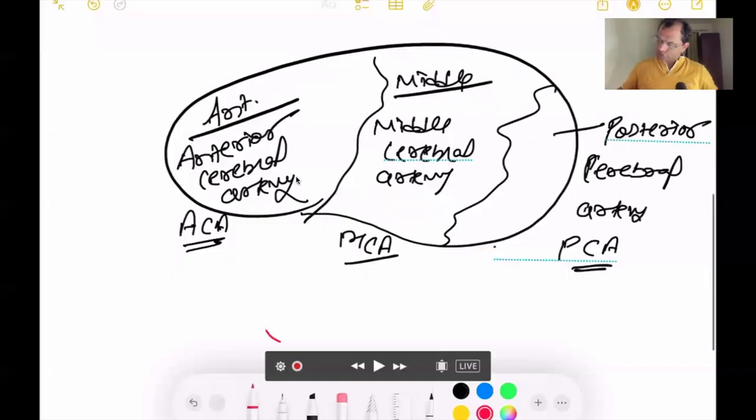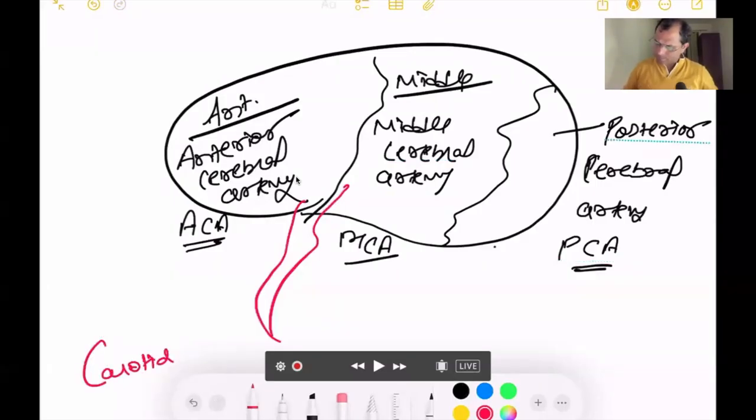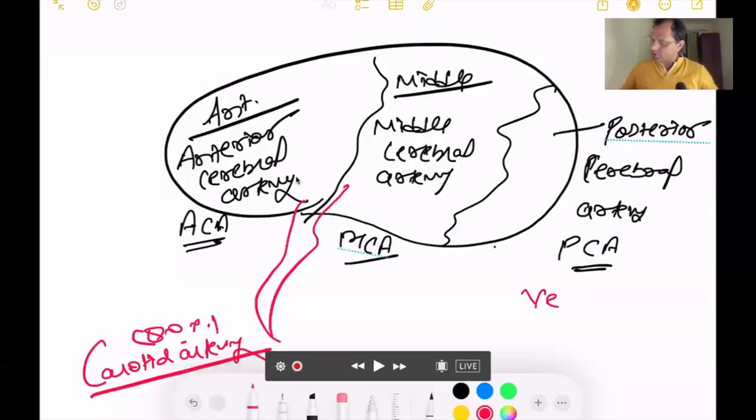So these are supplied by the internal carotid artery, or we can say the carotid artery, which gives 80% of the blood supply, and this is supplied by the vertebral artery, 20% blood supply.